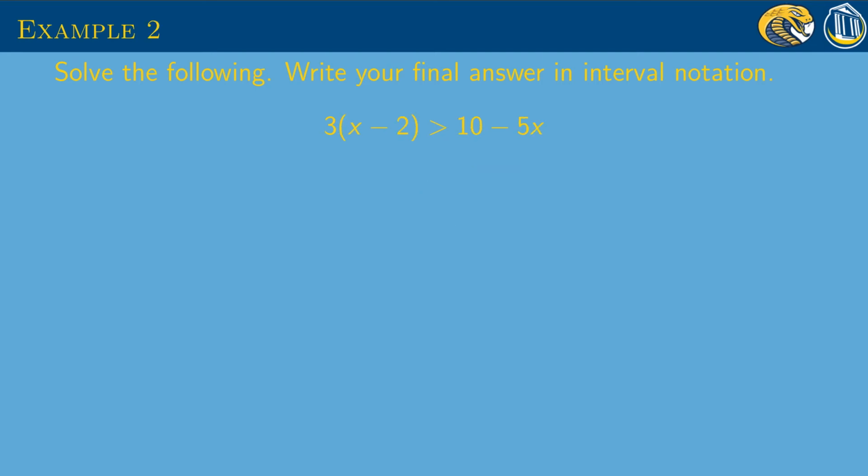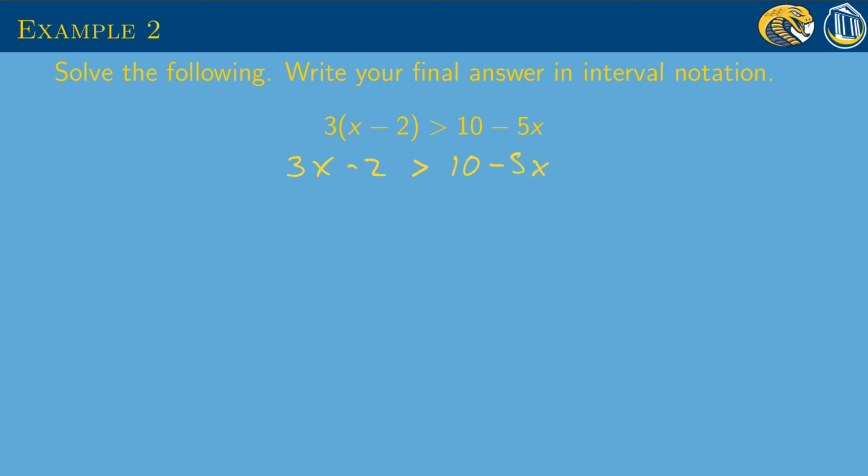Let's do one more example, where this time we have to do a bit of algebra before solving our linear inequality. This time it says 3 times x minus 2 is greater than 10 minus 5x. As usual when solving linear equations, we need to expand the parentheses first, giving us 3x minus 2 is greater than 10 minus 5x.